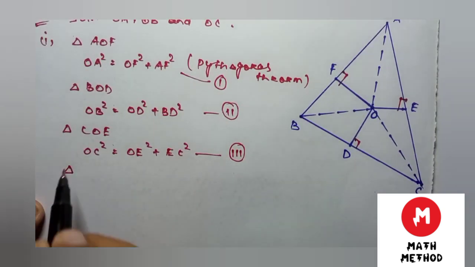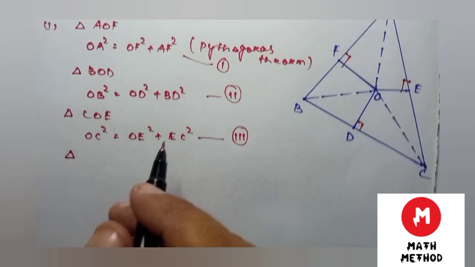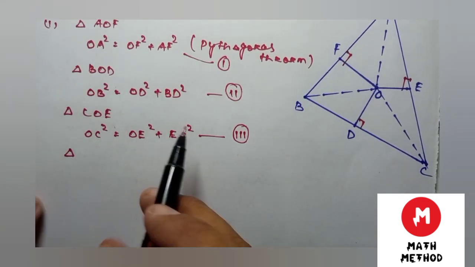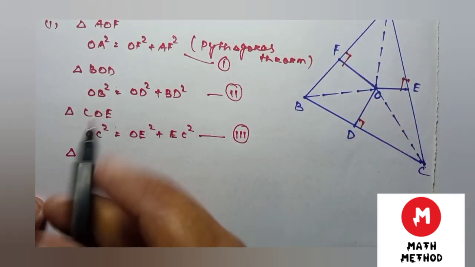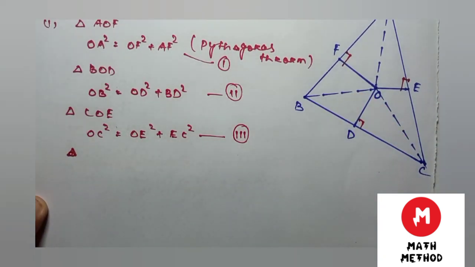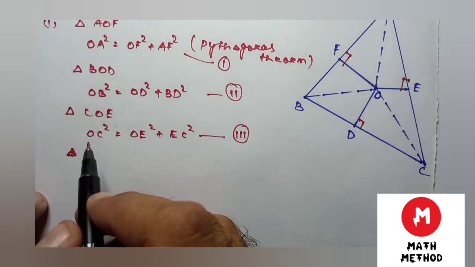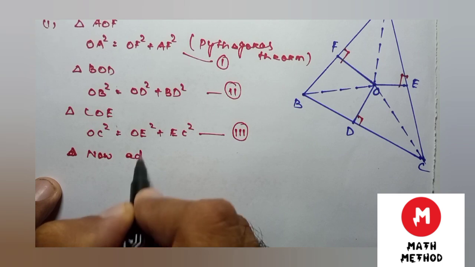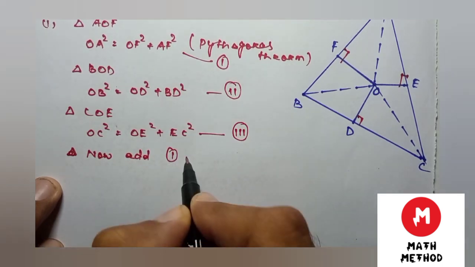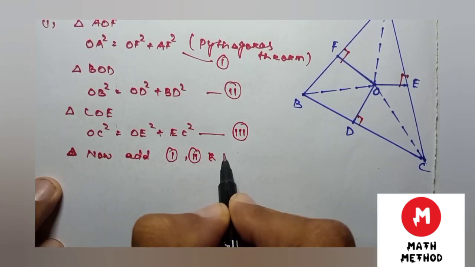And now in triangle COE, clear. So there is no need of another triangle. So now add equation 1, 2 and 3.